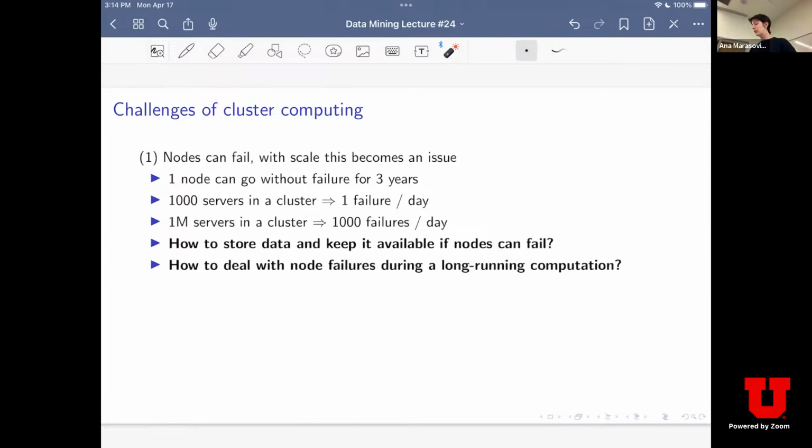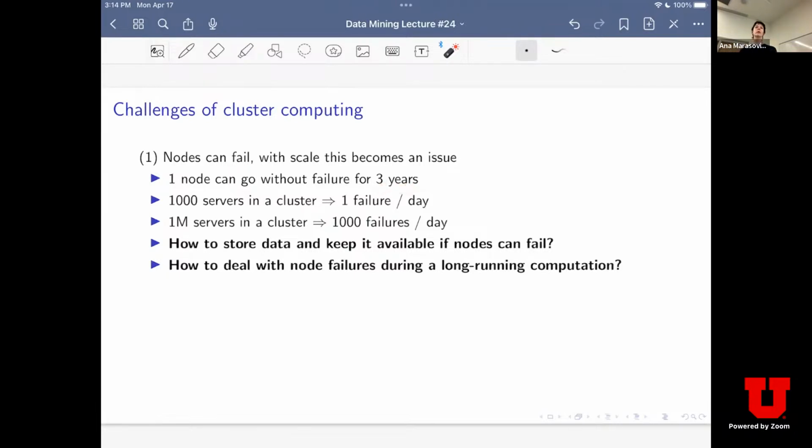So first of all, nodes can fail. And think about nodes like CPU and memory. Them failing is not so problematic if you have one of them, because one node can go without failure for 3 years.